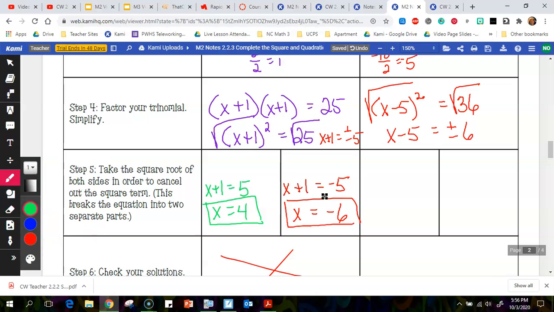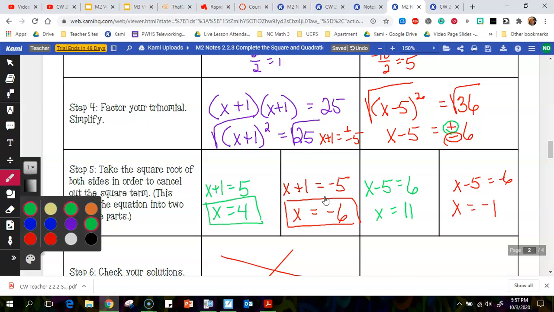Positive side, x minus 5 equals positive 6. Negative side is x minus 5 equals negative 6. Solve for x. I'm going to add 5 on both sides. X equals 11, and on this side, x equals negative 1.